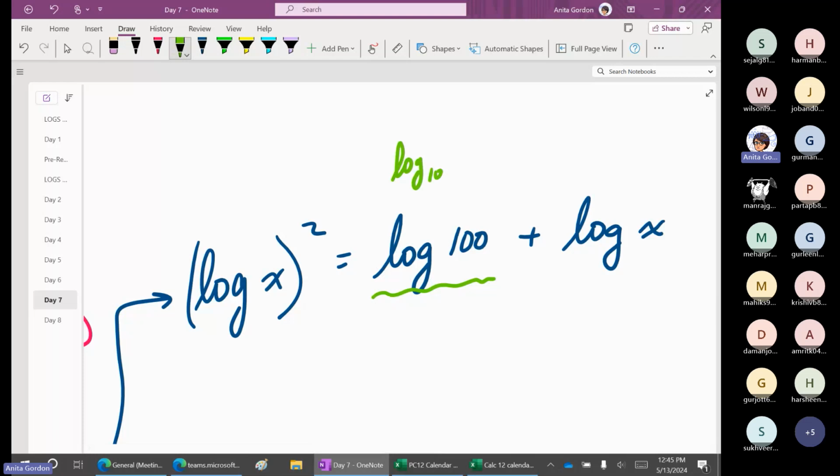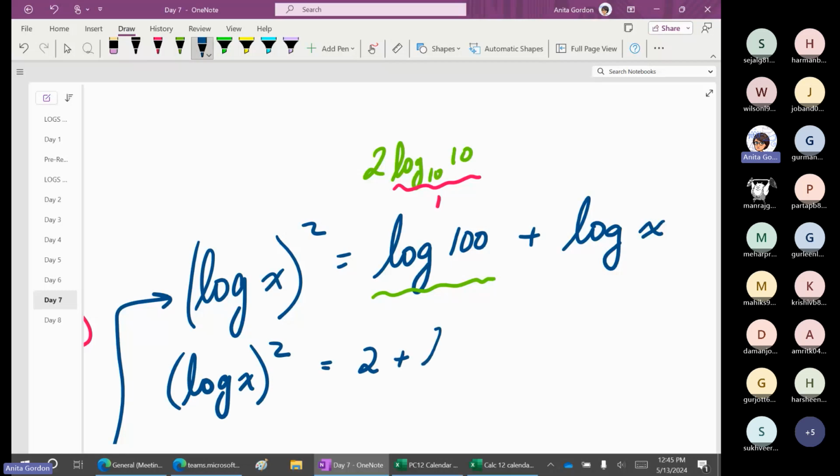Can we write 100 as a base 10? Okay, this is 10 to the 2, and we can always write the exponents as coefficients. So this is actually 2 log base 10 of 10. Log base 10 of 10 simplifies to 1. So then I can actually just reduce that entire piece to just the number 2, right? Let's do that. (Log of x) all squared equals 2 plus log x.